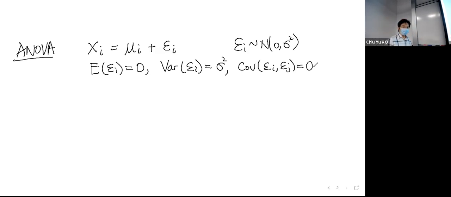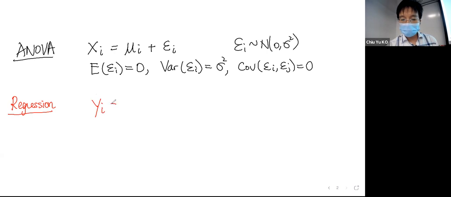So this is the ANOVA model. Every observation you see from group I will be basically coming from some mu I, the group mean, plus some random error term, right? And what is regression here? The regression model is almost the same idea. It is the following. We have observation I coming from unknown alpha, plus unknown beta times some fixed term x, plus epsilon.